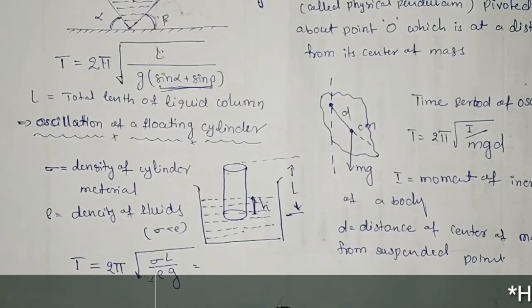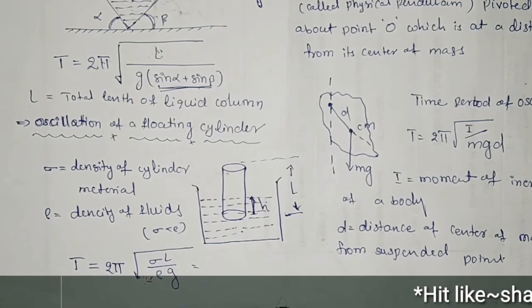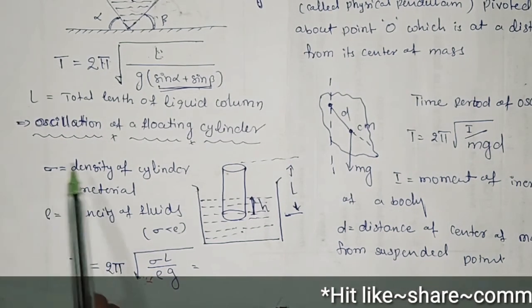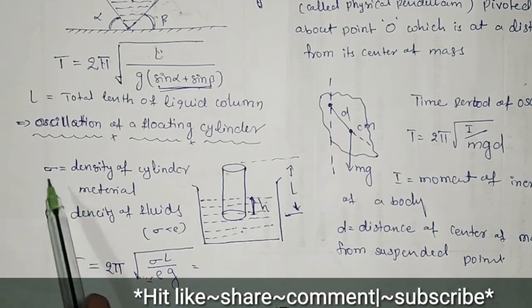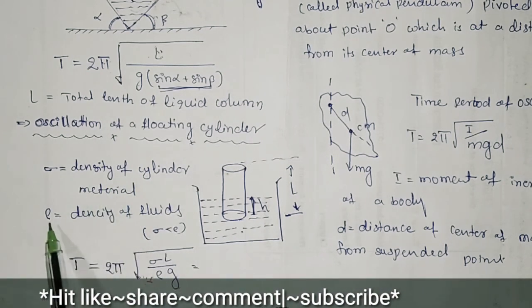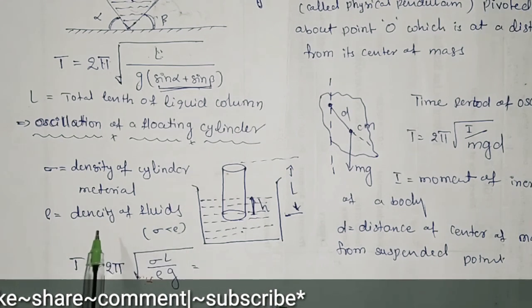And oscillations of a floating cylinder. In this, sigma is the density of the cylinder material and rho is the density of the fluid.